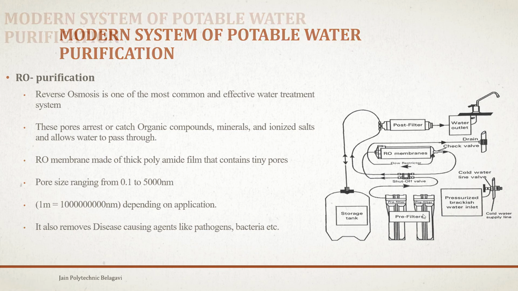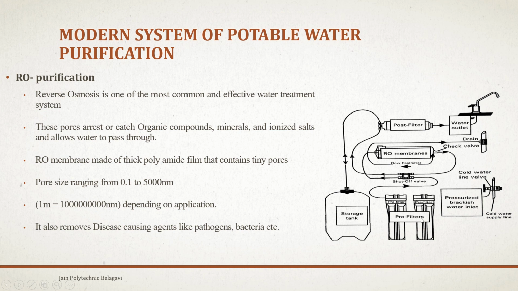First, the water is collected in the pre-filters, and next it is sent to the shut off valve. In the shut off valve, it checks the water level. If the water is turbid or might be contaminated, it sends the water to the RO membrane.